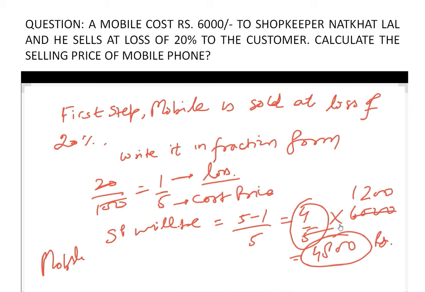Here we are understanding that on every 5 rupees there is a loss of 1. So what will be the final selling price? That will be 5 minus 1 upon 5 into the actual cost price of that item. We will find out the selling price. So in this way we can solve all the profit and loss problems. So now let's go to the next question.